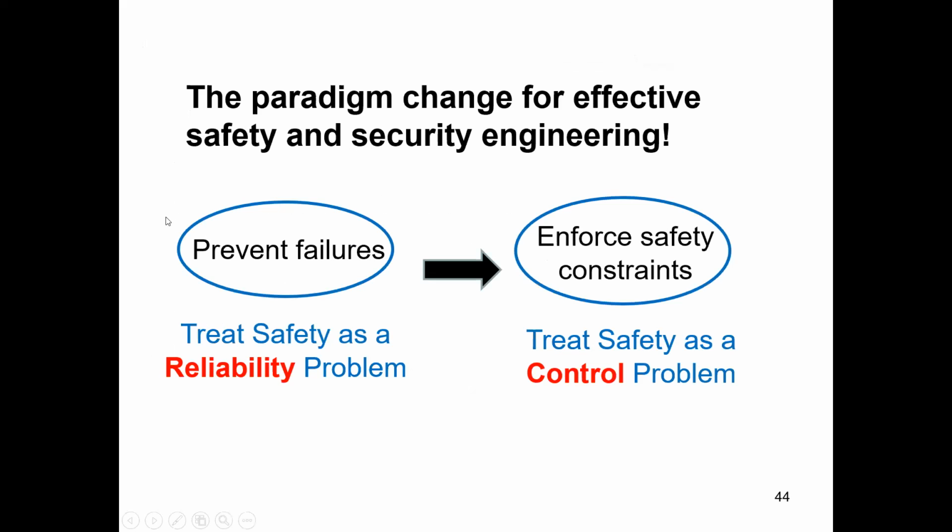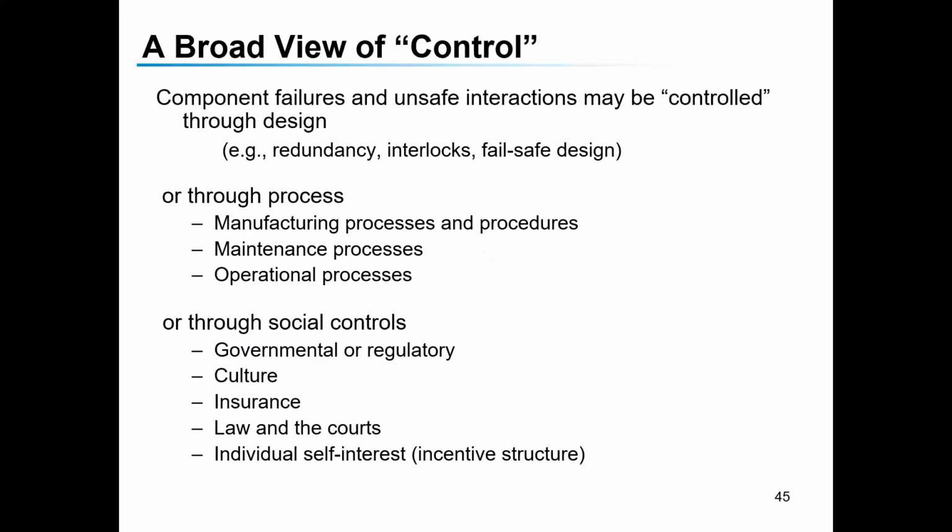The paradigm change is to change from preventing failures, or treating safety as a reliability problem. Instead, we try to enforce the safety constraints and treat safety as a control problem, not a failure problem. Now, this is a very broad view of control.